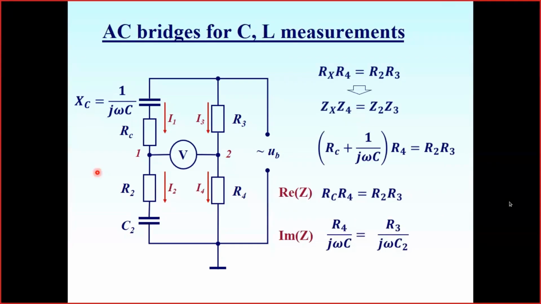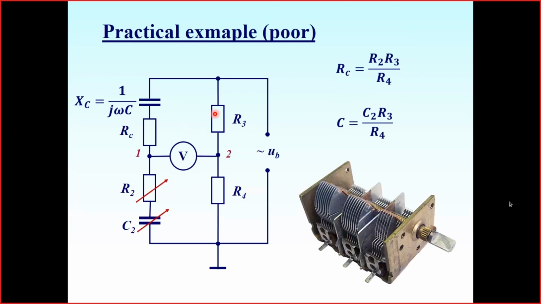So you have here some capacitor that is already embedded for eternity in this bridge, and then you regulate resistors, and resistor boxes are much more accurate and cheap, I guess.